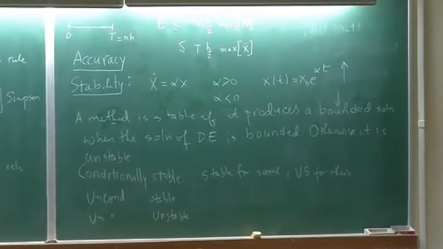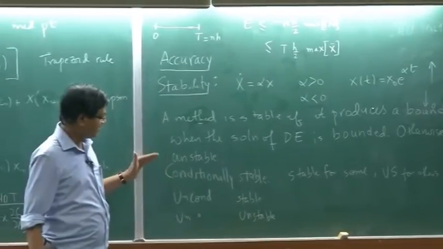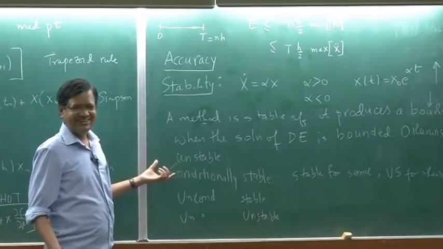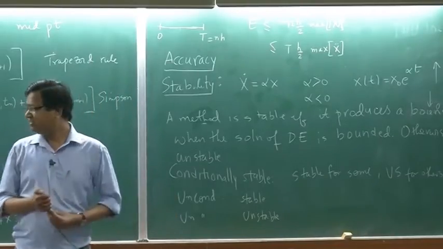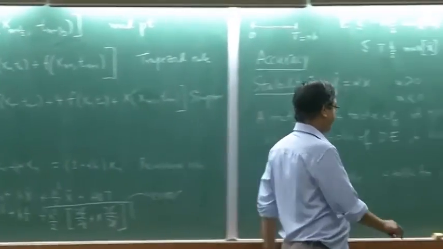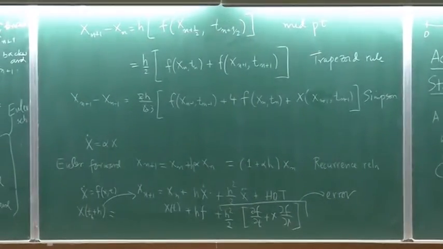So in fact, schemes are one of three kinds: either conditionally stable, or unconditionally stable, or unconditionally unstable. Conditionally unstable is the same as conditionally stable. Now let's see, what about this equation? Let's look at the Euler scheme, x dot is alpha x.